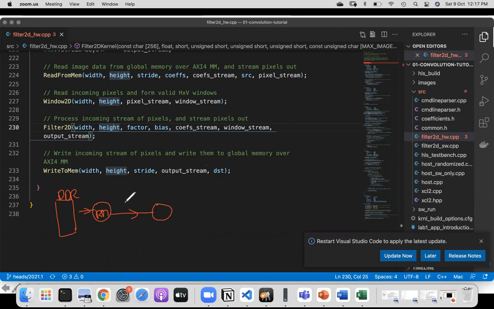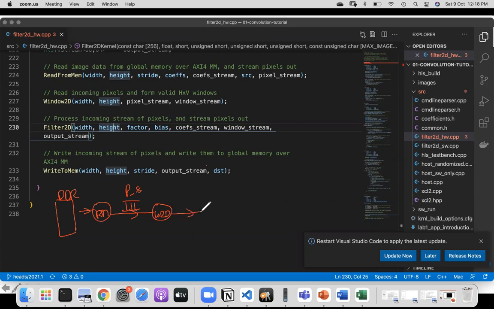And then there is this window 2D stage, and there is a FIFO or a stream which connects these 2 stages. I think it's called pixel stream. In this parlance, the variable name used is P_X, shorthand for pixel stream.